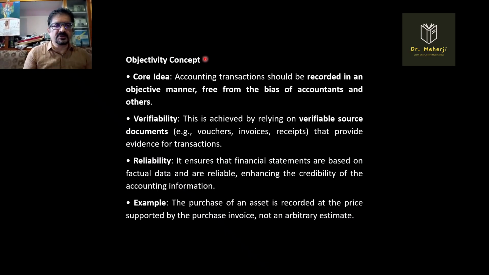And the objectivity concept. In this concept, all these transactions should be recorded in an objective manner. That means free from the bias of accountants and others. There should not be any bias while recording these transactions. This is achieved by relying on verifiable source documents.